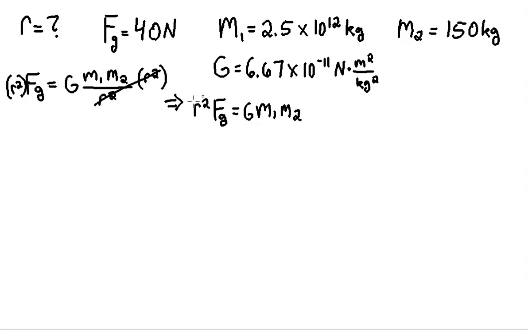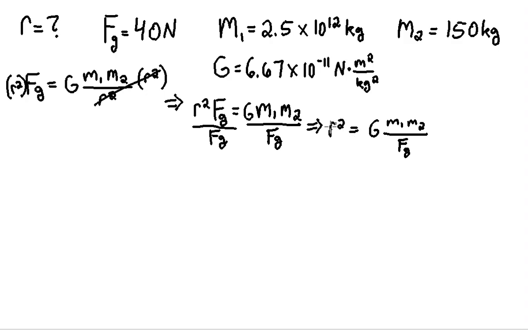So we're trying to find the radius. Right now it's squared and multiplied by the gravitational force. So we divide by the gravitational force on both sides. And that gets us one step closer. The radius squared equals Newton's gravitational constant multiplied by the product of the masses divided by the force of gravity.